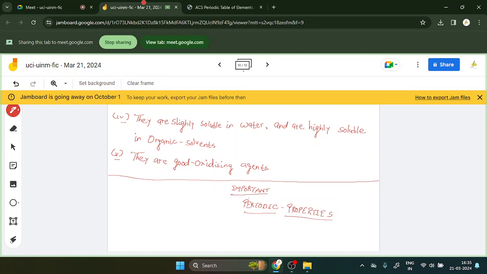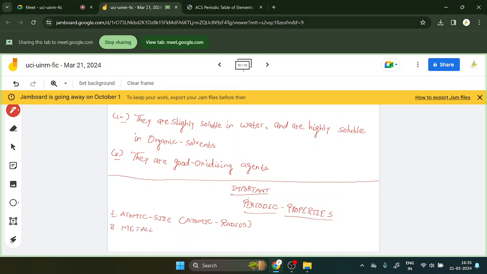Number one is the atomic size, or we also call it the atomic radius. Clear? Then we have metallic character.